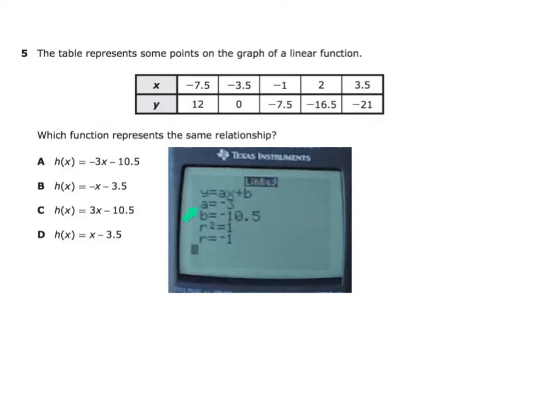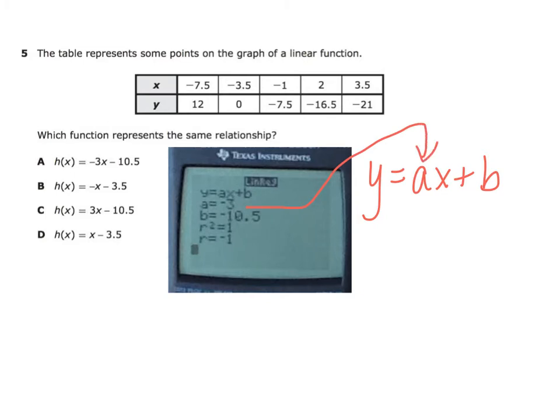What we do have is the A value and the B value. Some students have never really understood what this is up here. This is just the format of the equation that you're going to plug this information into: y equals ax plus b. You're going to take that a, which is -3, and plug it in there.